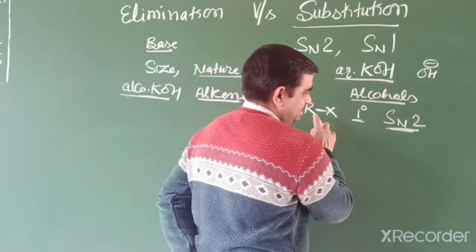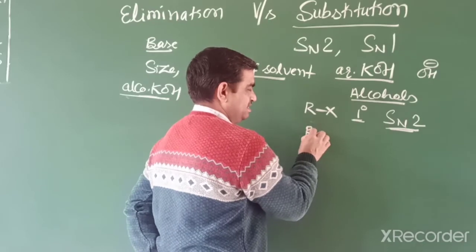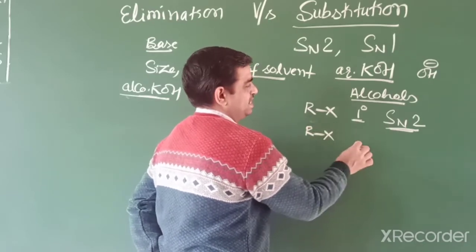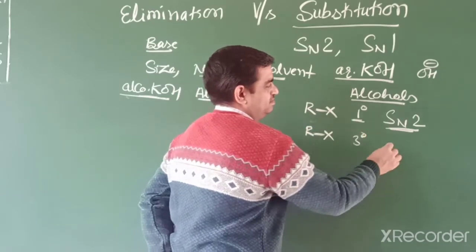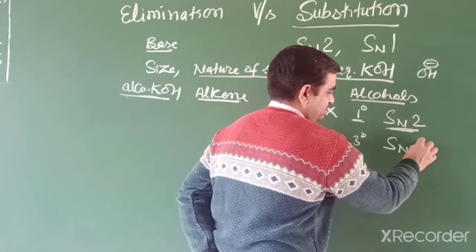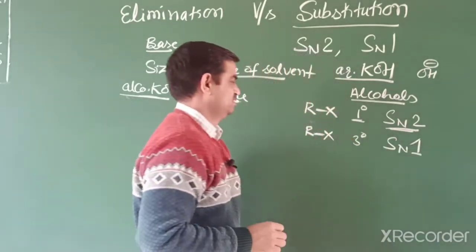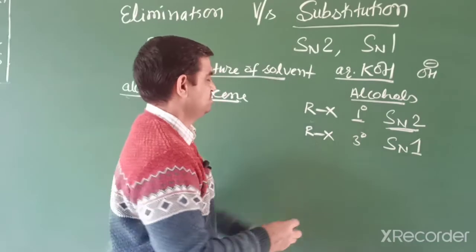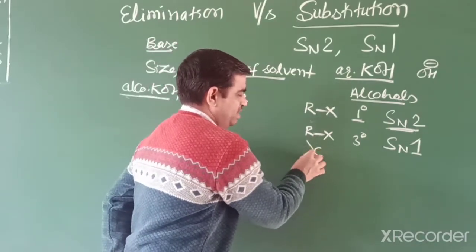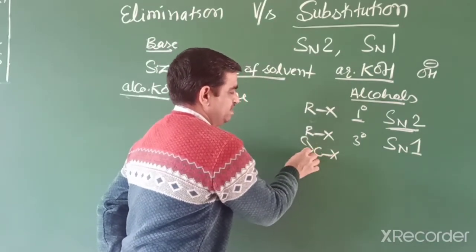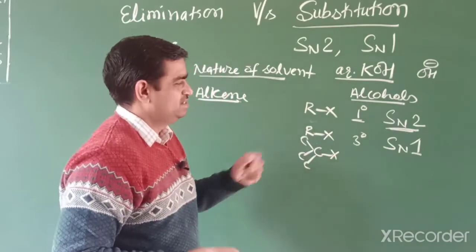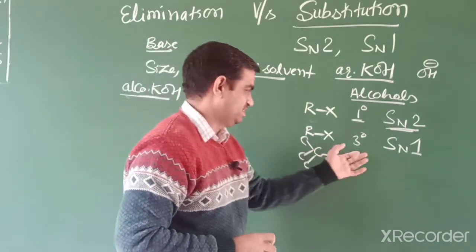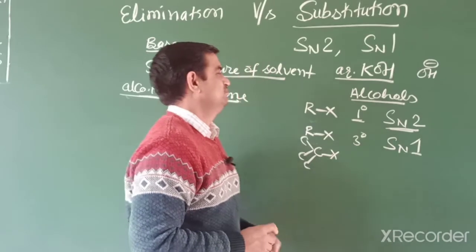If the alkyl halide is a tertiary halide, 3 degree halide, then the reaction occurs according to the SN1 mechanism. Why? Because a tertiary halide provides a 3 degree carbocation. That carbocation is easily stable, so it's a faster SN1 reaction.